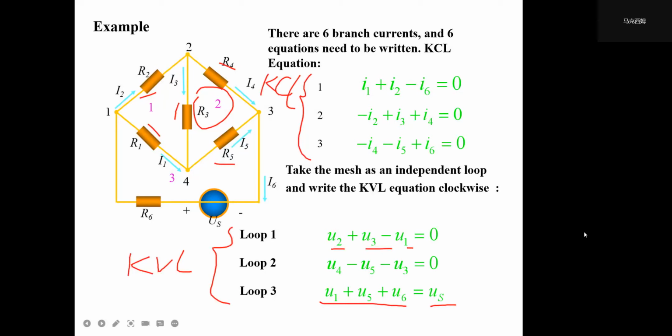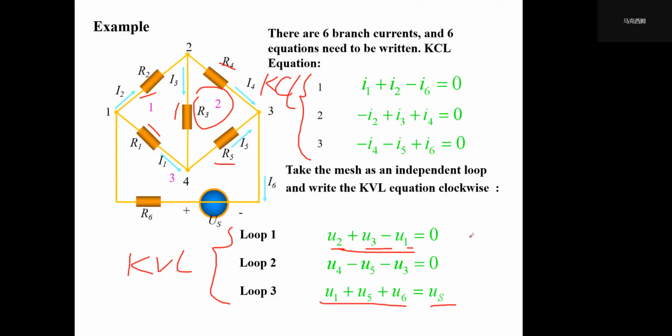Now we want to know the current on each branch, right? So we have to replace those voltage expressions by using Ohm's law. From Ohm's law, we know that the voltage on a resistor equals its current times its resistance.